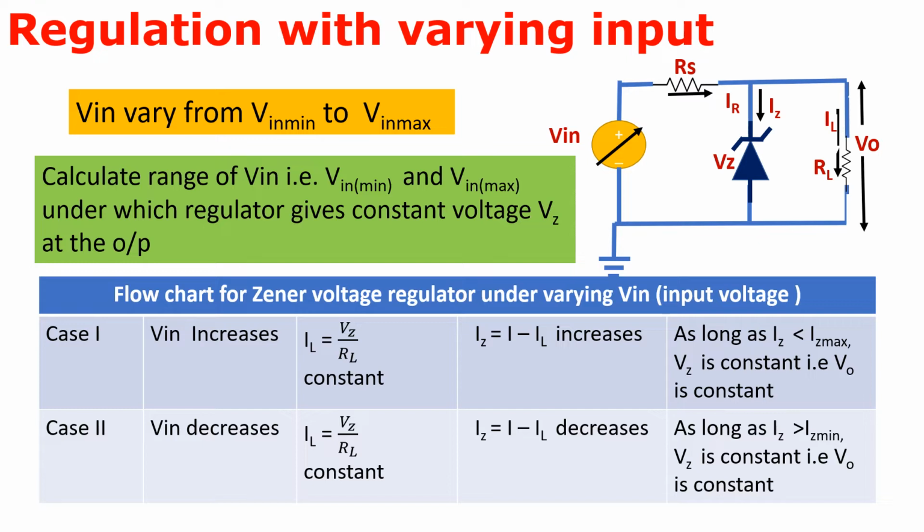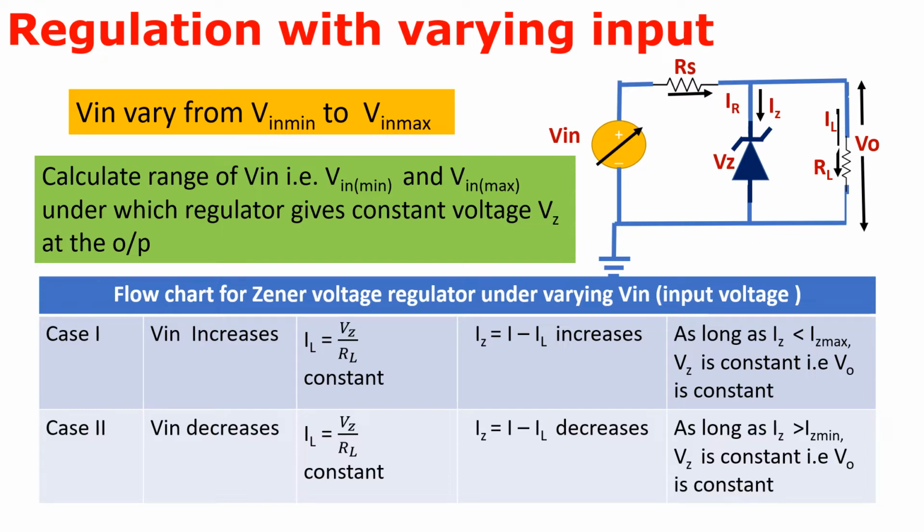In this case, again we can write the current equation by applying KCL, Kirchhoff's current law, which will be Iz equals IR minus IL. As IL, my load current, is constant, this time IR is changing and this IR is increasing because IR is V in minus Vz upon Rs.